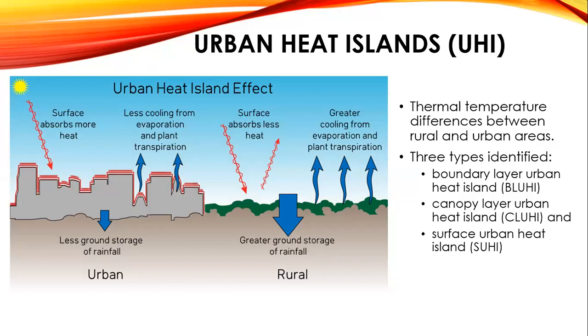With the surface urban heat island, you are able to determine the surface temperature, for example of trees, the rooftops of buildings, the roads, and the pavements that people walk on. Those are the three urban heat islands that we have. For this study and for the webinar, my focus will be on the surface urban heat island, because here you use remote sensing techniques to detect the surface heat.